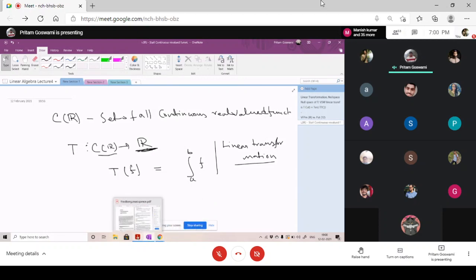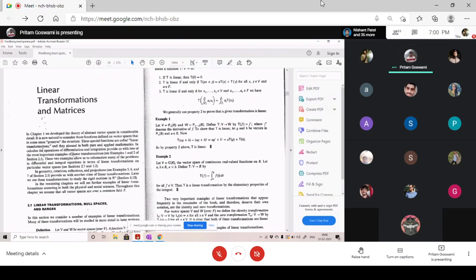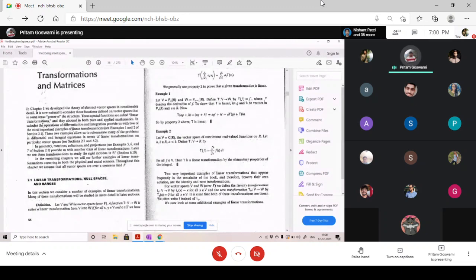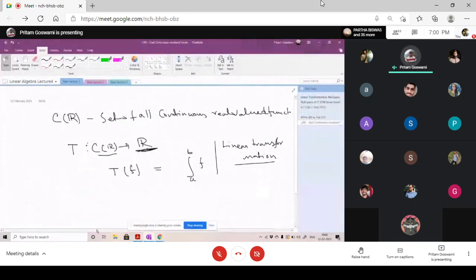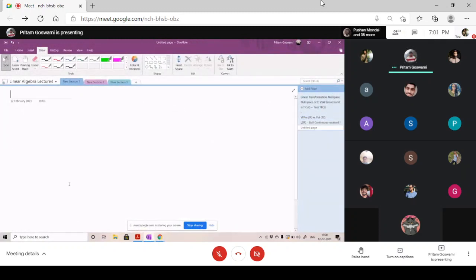Okay, now I just want to tell you about two specific linear transformations. Say V is a vector space and W is a vector space.